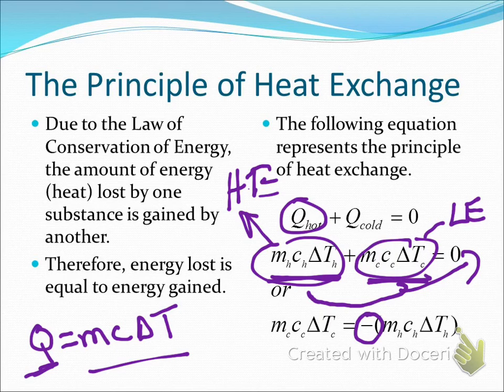That's an important aspect when you use that kind of equation: you've got to make sure there's a negative on the other side. So the positive over here, the cold is gaining the energy, that's why it's positive, and then the hot substance is losing or transferring its energy away, and that's a negative.